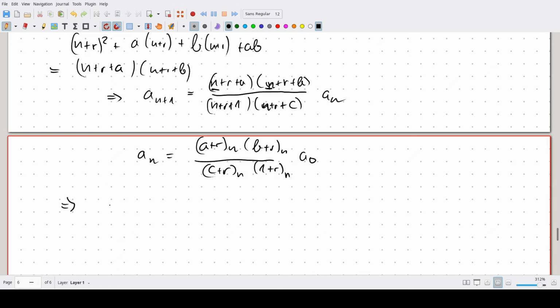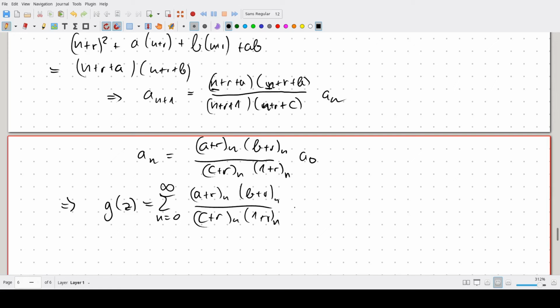So then we get as our solution the sum of these coefficients times z to the r plus n, for r equal to 0 or 1 minus c.